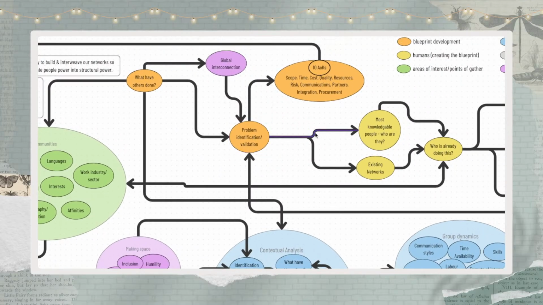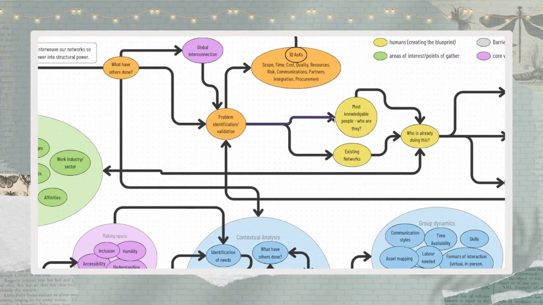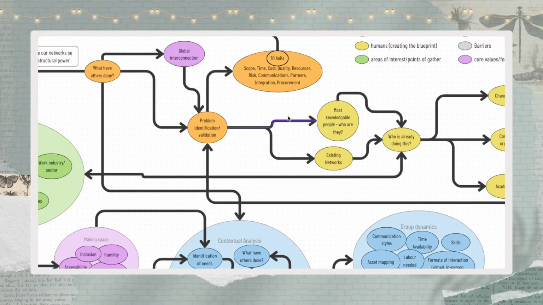And then we move into, once we have identified the problem, we want to identify, because we don't know that much, and we are project people, who are the experts in this case, who are the most knowledgeable people, or MKPs.